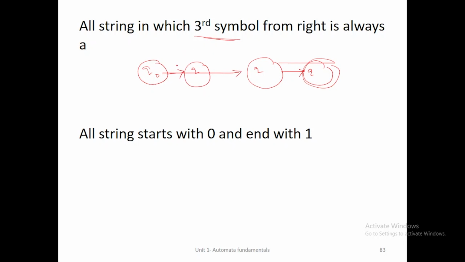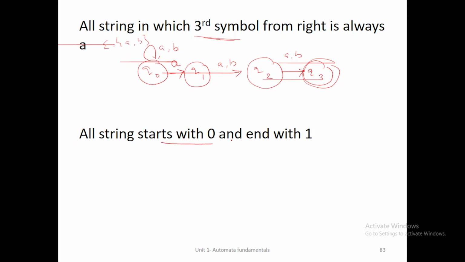The third symbol from the right should always be A, so you should take the alphabet as A, B. What is the last symbol? The last symbol may be A or B. The last second symbol may be A or B. But the third symbol from the right should be A. The remaining symbols may be A or B. So you specify the states, and this is the NFA.